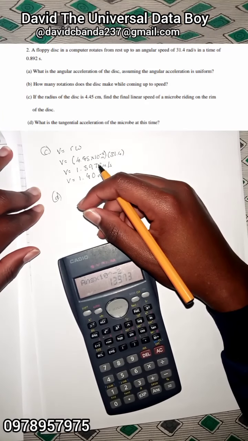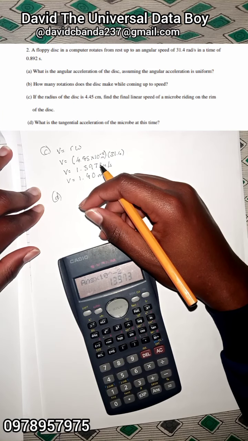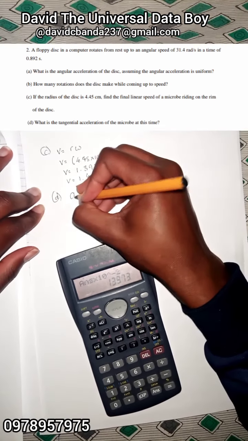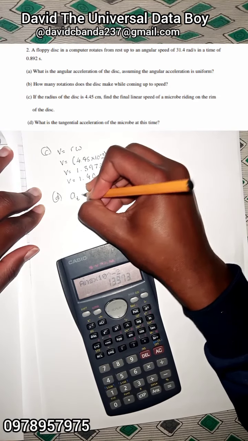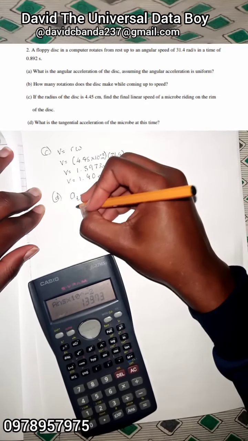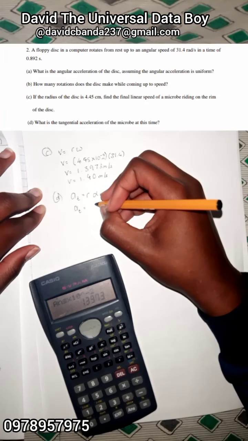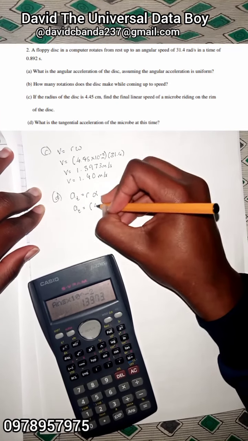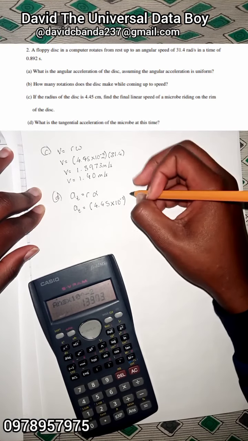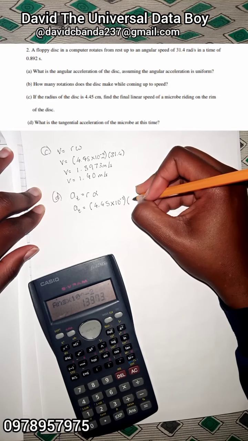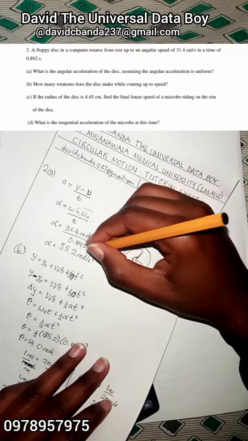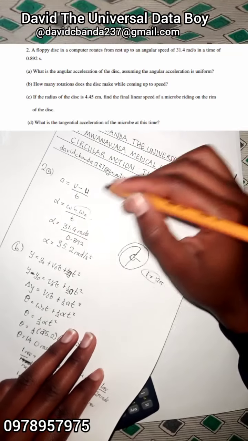D says what is the tangential acceleration of the microbe at this time. So now we know that the tangential acceleration is equal to the radius times the angular acceleration. So the tangential acceleration is equal to the radius, which is the same, 4.45 times 10 to the power negative 2. Remember, always take to SI units. Then the angular acceleration we already found is 35.2.